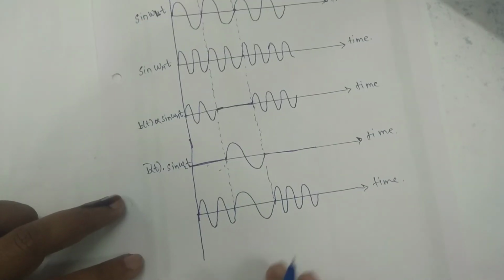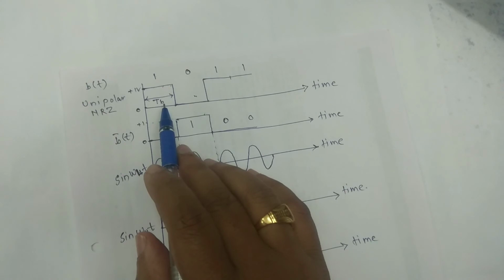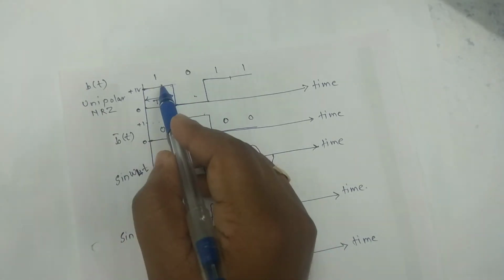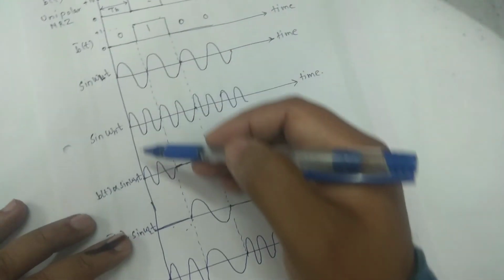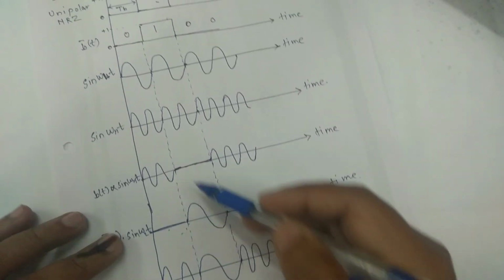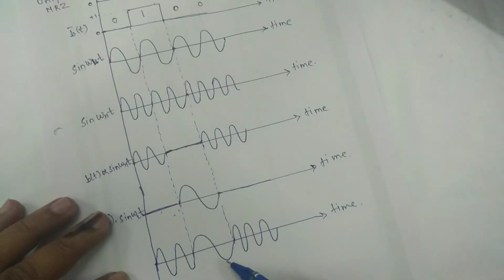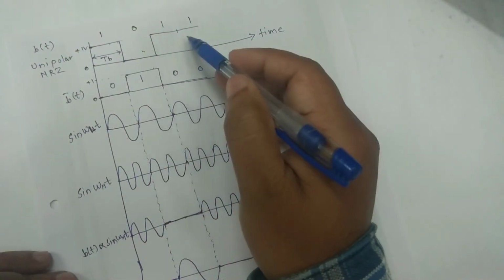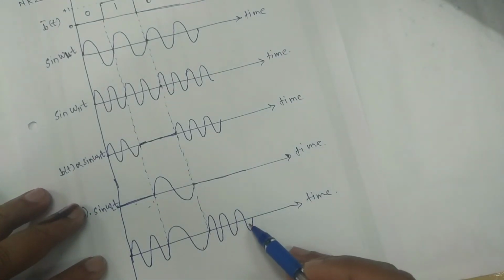If we now compare this signal with our original signal, for bit 1 we received a high frequency carrier at the output, and for bit 0 we received a low frequency carrier at the output. Again the next two bits are 1 1, and for bit 1 we get high frequency at the output.